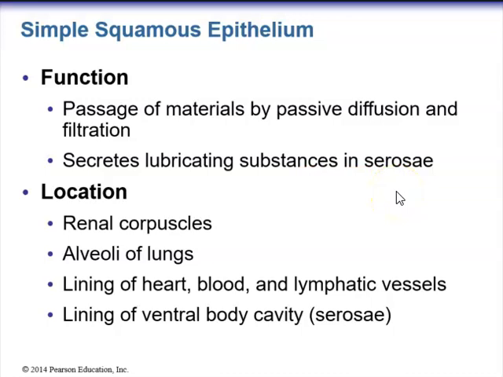Locations of simple squamous epithelium include renal corpuscles, specifically the Bowman's capsule or glomerular capsule surrounding the glomerulus within the kidney, and the alveoli of the lungs, these air sacs that allow for diffusion of our respiratory gases, oxygen and carbon dioxide. We can also find simple squamous epithelium in the lining of the heart, blood, and lymphatic vessels, and then the lining of ventral body cavities.